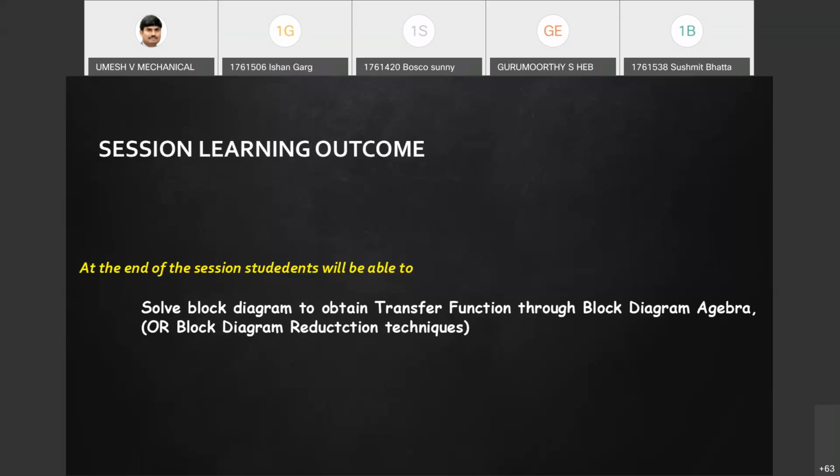Already you have seen the mathematical modeling of physical systems, including mechanical system, linear, rotational. Then you have seen the electrical system, and the liquid system and the thermal system are also touched upon.